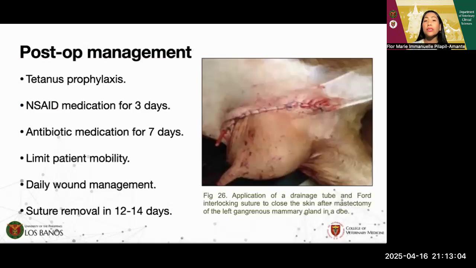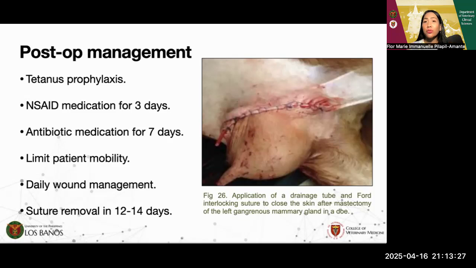For the post-operative management, first, tetanus toxoid was given after the surgery, especially if the patient doesn't have an updated tetanus vaccination. Non-steroidal anti-inflammatory drug medication was given for at least 3 days, coupled with an antacid to prevent any acidification of the rumen.